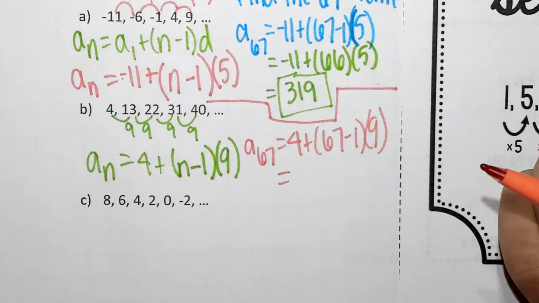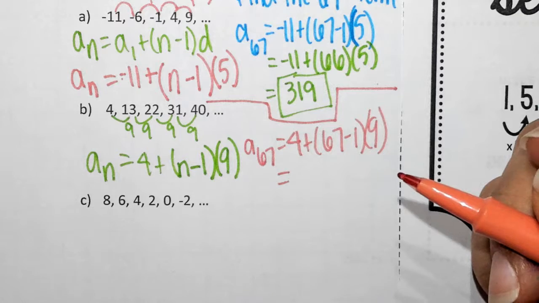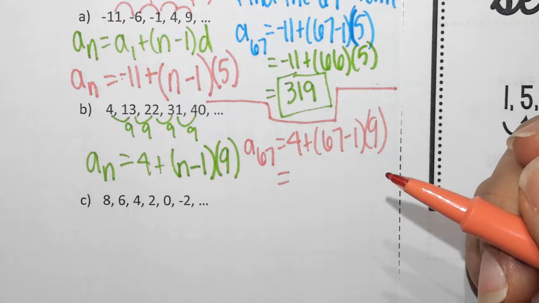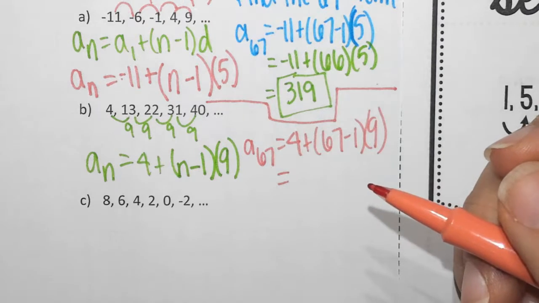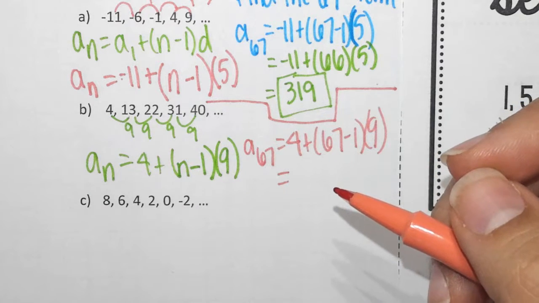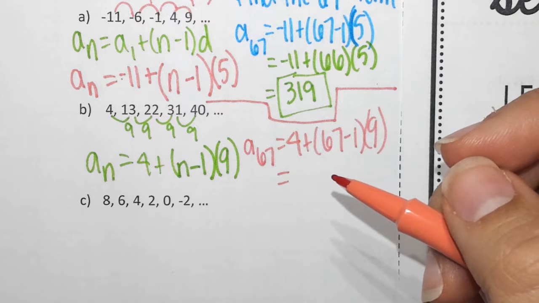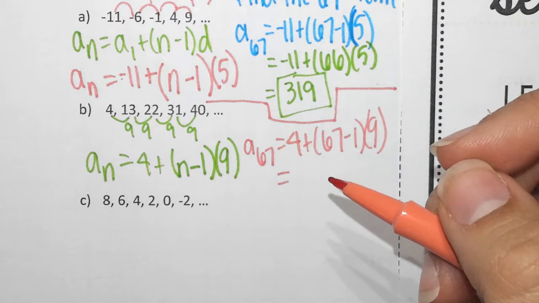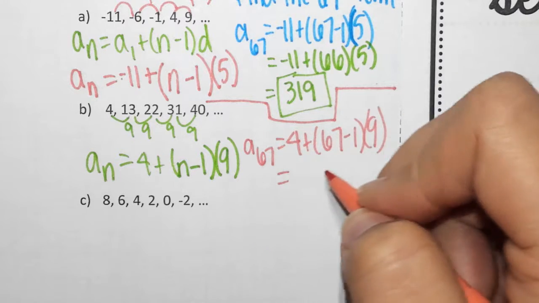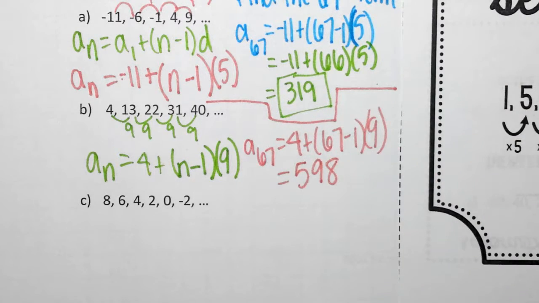I think he's saying 500, but I'm not sure. 500 and what? 598? Did anybody else get 598?